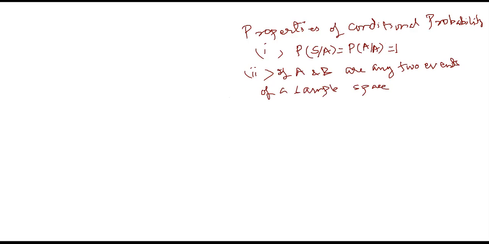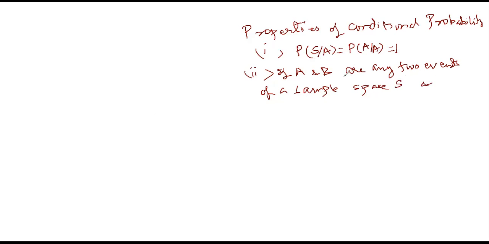The first property is, if we have to find the probability of the sample space, or if A and B are the same, then the probability of A when A has already occurred will be equal to 1, obviously. Or the probability of the sample space when one of them has already occurred.